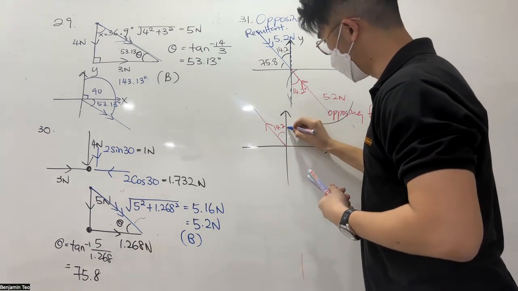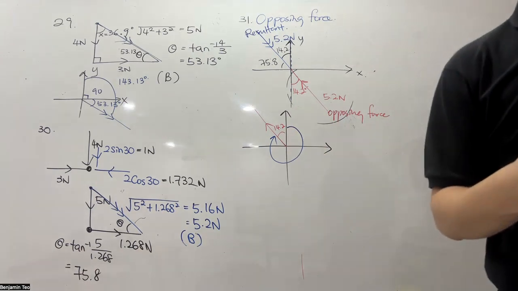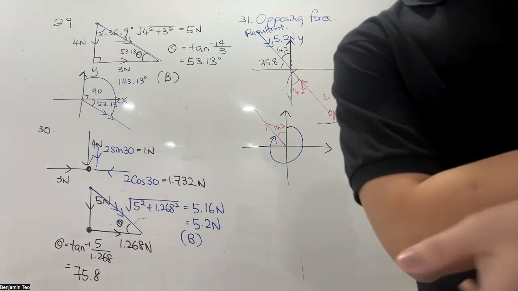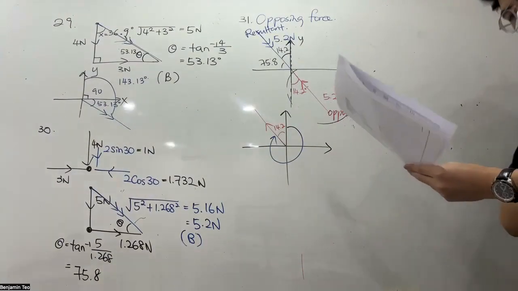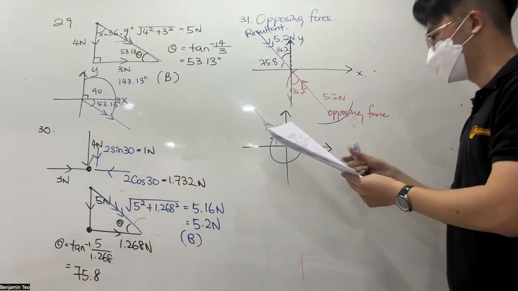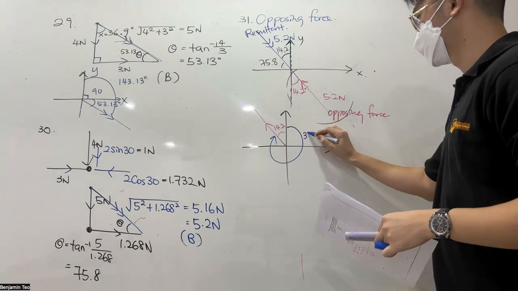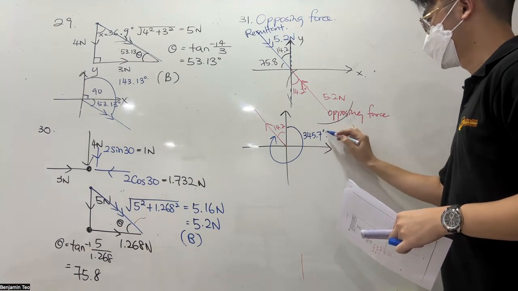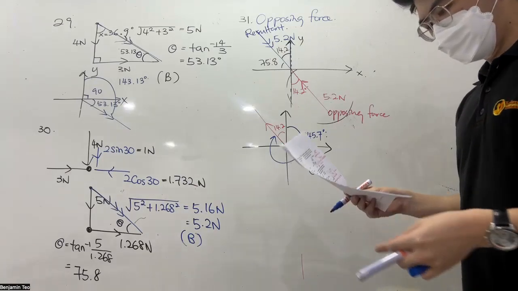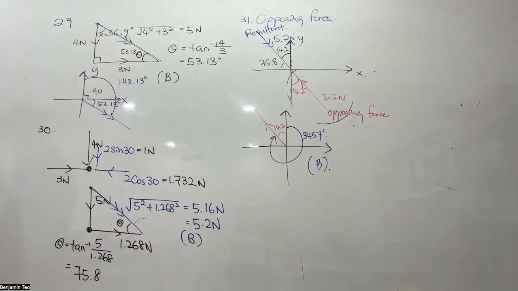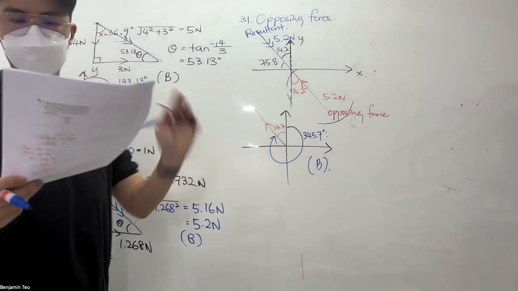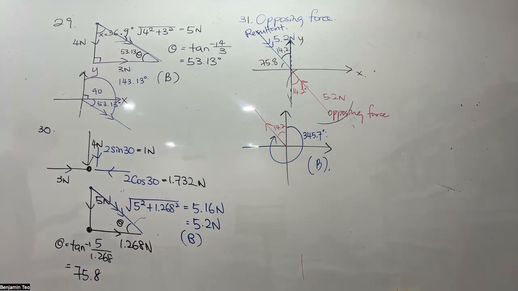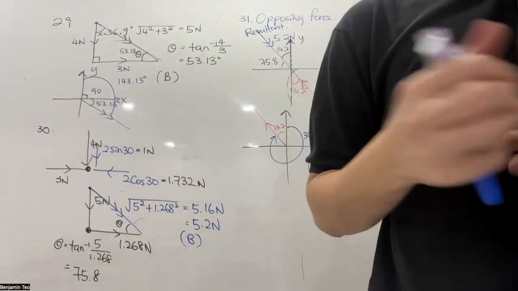The direction is from the y-axis, given 345.7. Answer is B, 31. Because it didn't specify, you could say 14.3 only if they specify anti-clockwise, but here it didn't specify, so you take it from the y-axis clockwise. So the answer should be B.